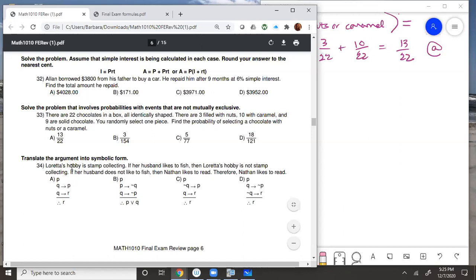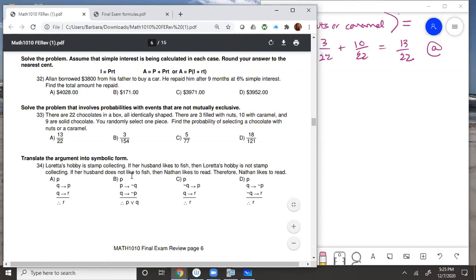P is Loretta's hobby is stamp collecting. That's your P. If her husband likes to fish, that's Q, then Loretta's hobby is not stamp collecting. So if P, then not Q. So that's the second line. It should be B.